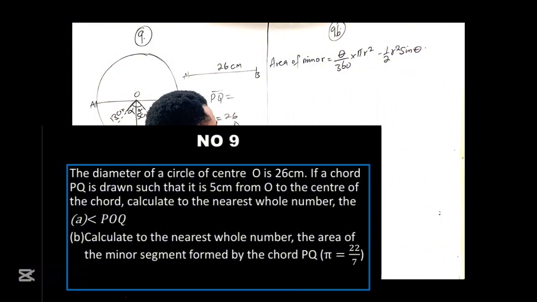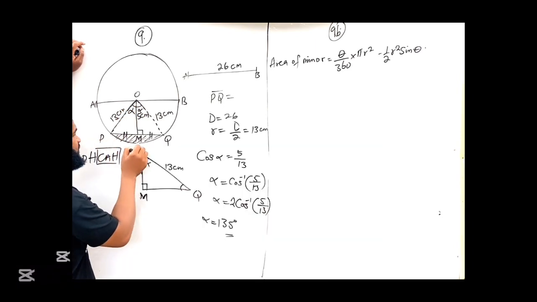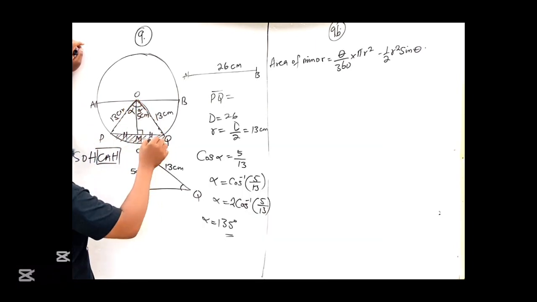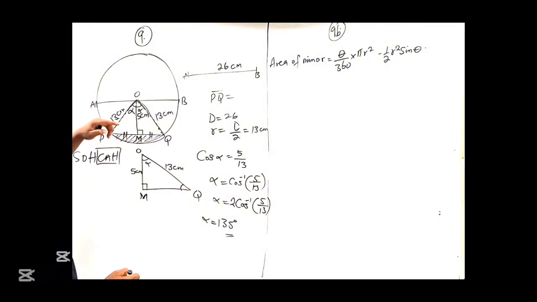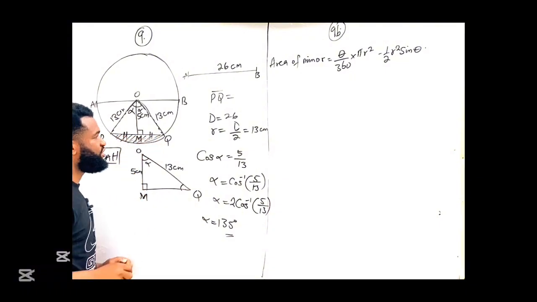What this means is, from all the way to this place is the area of a sector. So the sector minus this triangle is going to give you the area of the shaded portion.